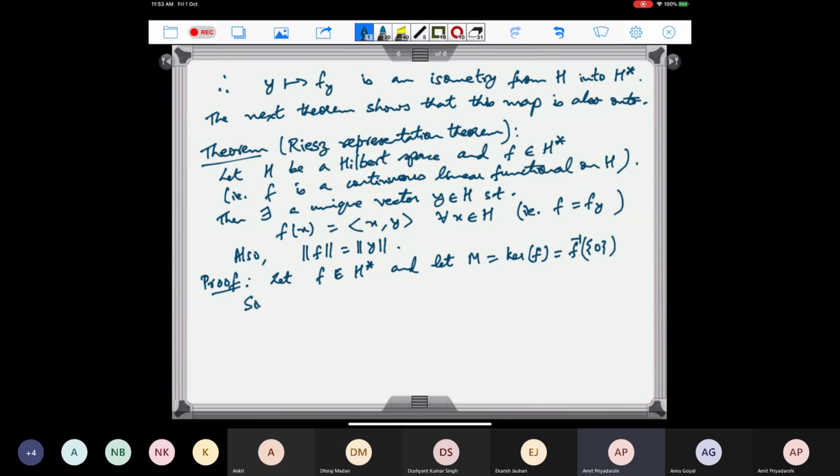So since f is continuous, M is a closed subspace of H. Right? Kernel is always a subspace for a linear map, and because it is continuous, it is also closed. So we get a closed subspace of H.